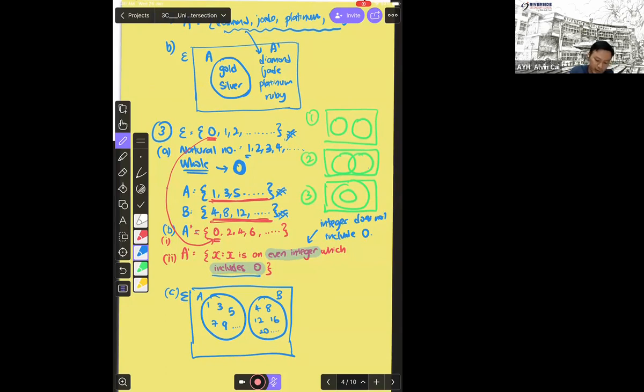And the other numbers that are not inside A and B will be 0, 2, 6, 10, dot, dot, dot. These are a few numbers that are not inside, because multiples of 4 don't cover everything, so there are some numbers that are missing, right?